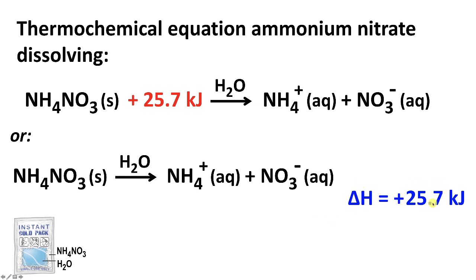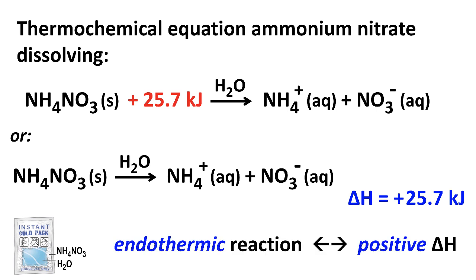Here, 25.7 kilojoules is the change, but it has a positive sign because in this case, energy or heat is taken in during the process. This is an example of what's called an endothermic reaction. All endothermic reactions take in energy, and all endothermic reactions have a positive delta H value.